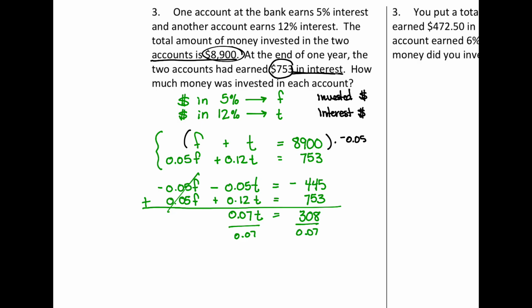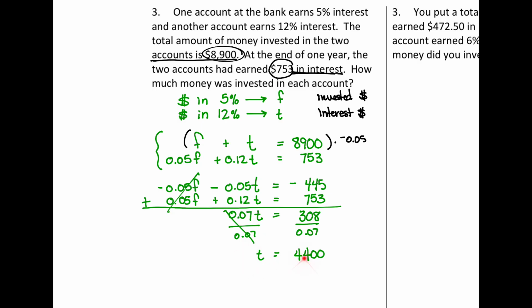Is that 0 in the front necessary? No, it isn't. I just like it because I don't drop my decimal off as easily that way. So these cancel and I get t equals 4,400. I did that multiple times, so I hope it's right.